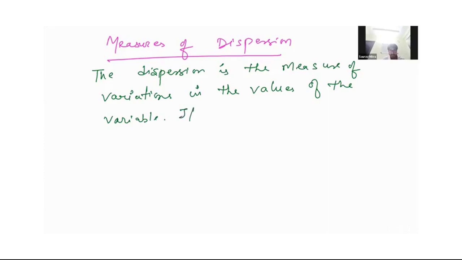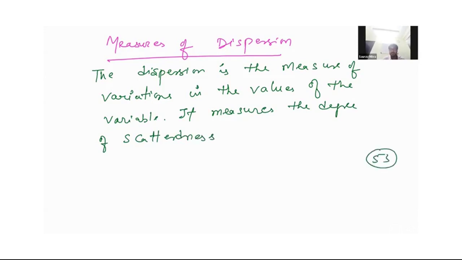It measures the degree of scatteredness. If your 53 is your average, one value is at 0, one value is at 117.